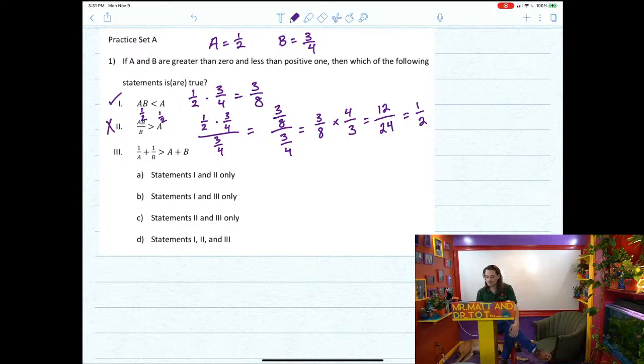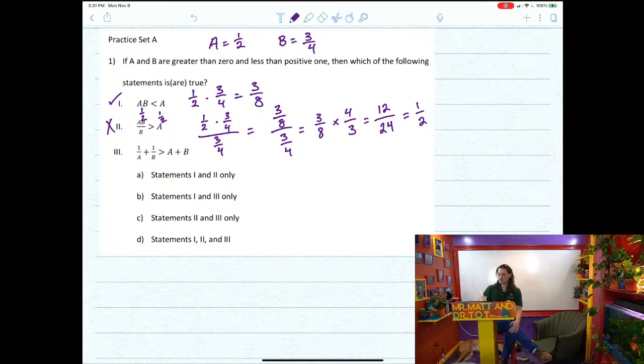And number 3, we have 1 over a plus 1 over b is greater than a plus b. So if we think about this conceptually, 1 over a fraction, normally if we take 1 over something, like if we start with 4 and then put it over 1, that's also another way of saying taking the inverse of 4.